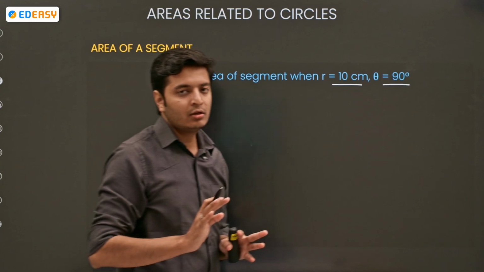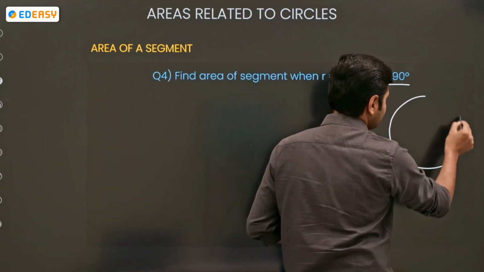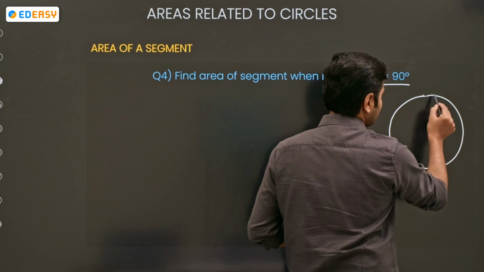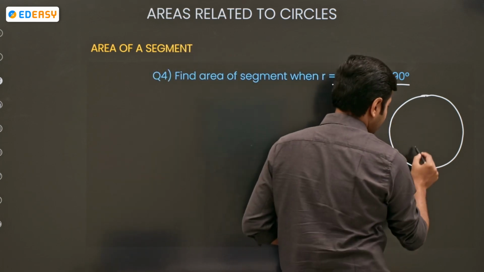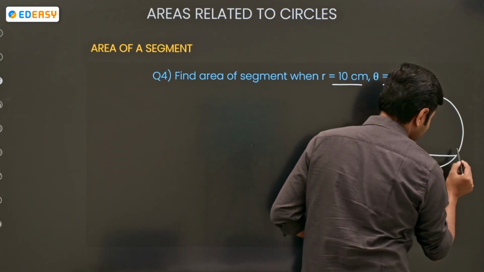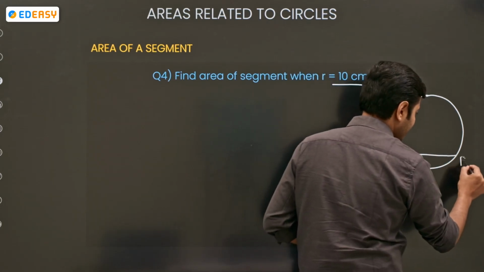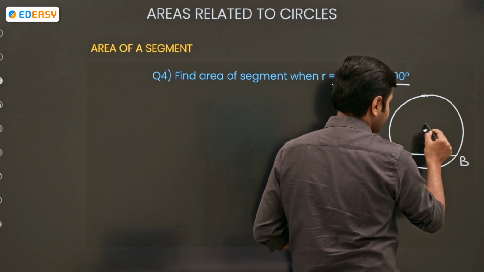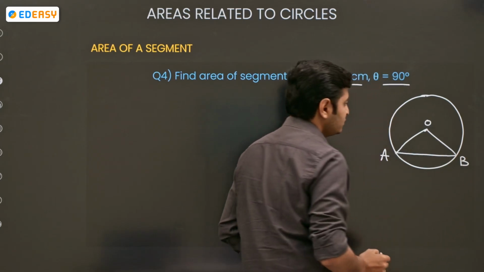We are given all the necessary information, so I will create the figure first. Suppose this is the segment; let me name the points A, B, and center O. So we need to join these two.